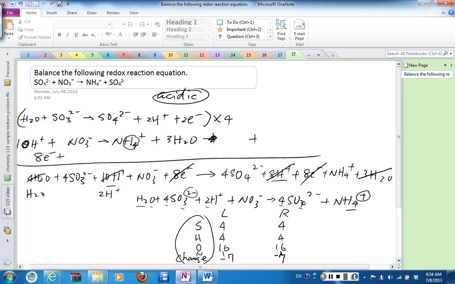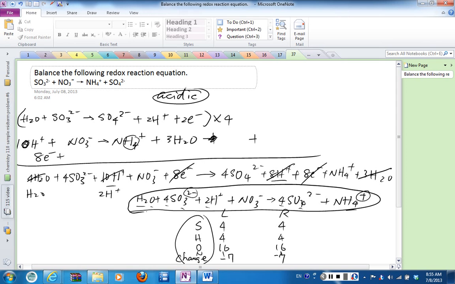Everybody checks out, and that means we got a good balanced redox equation. 1 water, 4 sulfite, 2 H plus, nitrate produces 4 sulfate and 1 ammonium. And that is the balanced redox equation that we needed.